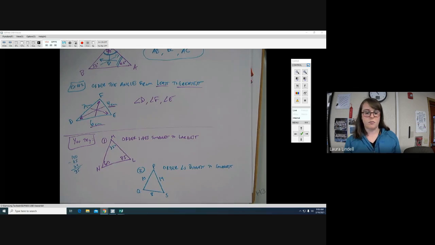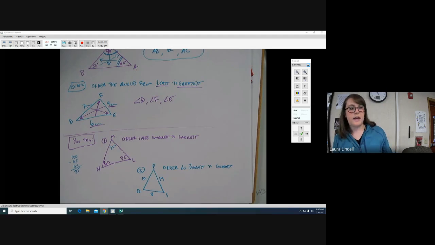Anyone else think they got the smallest side? We got a vote for NL. Anyone else have agreement, disagreement? We've got two options here so far. Got another vote for NL. Another one for NL. All right, so it's looking like the general consensus is NL.